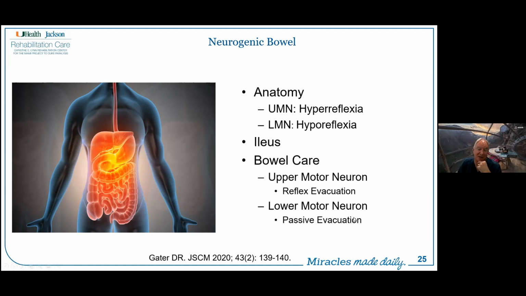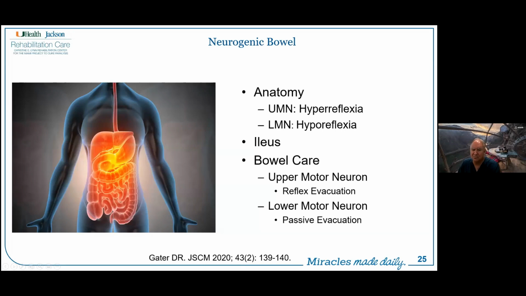Still need to have them upright if they have a lower motor neuron bowel, and recognize that the gastrocolic reflex is still intact even in that situation. However, the chemical reflex responses, the mechanical reflex responses aren't going to work if you've got disruption of the lower motor neurons. Remember, this is a flaccid paralysis.